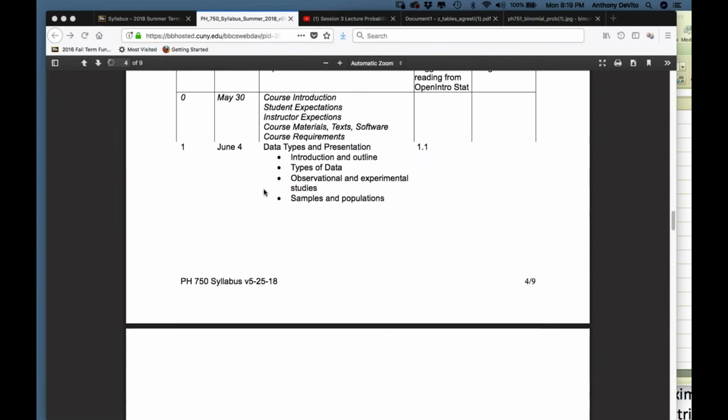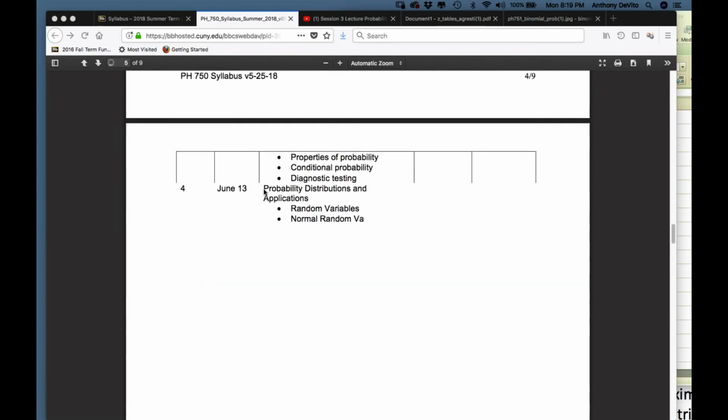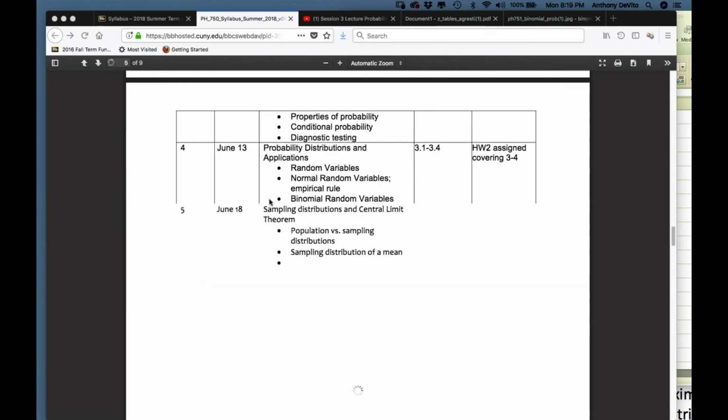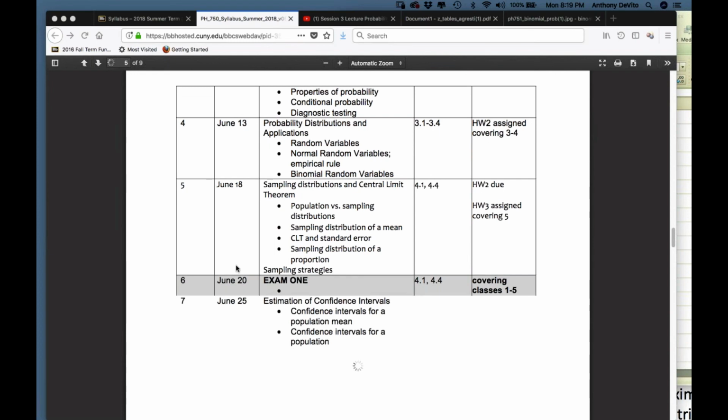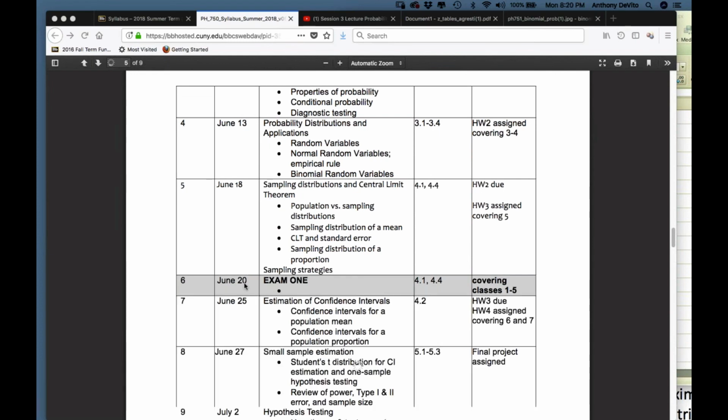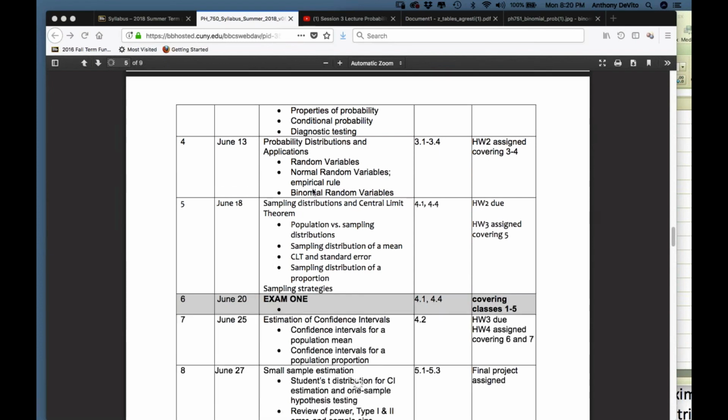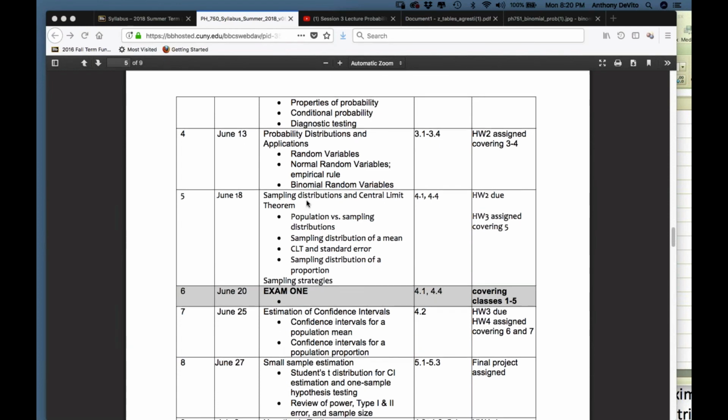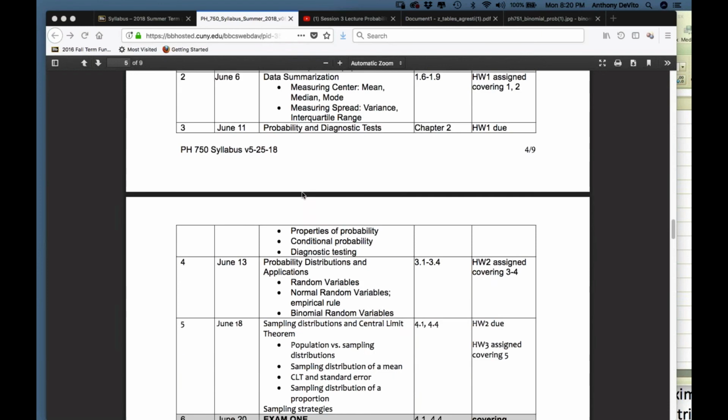I tend to drift a little bit away from the syllabus on some of this stuff, because I'm always trying to be sensitive to how quickly you're picking things up and how the class is progressing. Let's see, June 13th. Oh no, I'm wrong about that. It's June 20th. Never mind. We have another few sessions where we're going to be winding up and doing some more stuff.